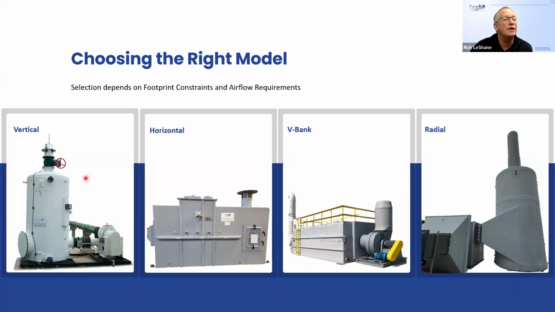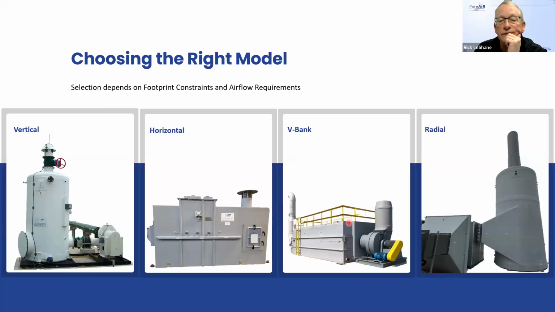So again, this is where that footprint comes into play. They would take up more space than a single VTS unit that can handle the same flow rate with just one system. So in that situation, I would probably go with the VTS or VBank horizontal system.